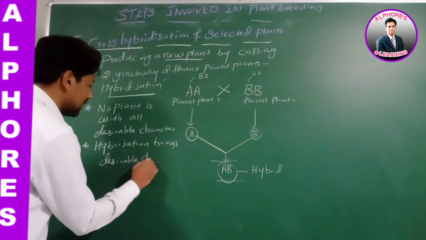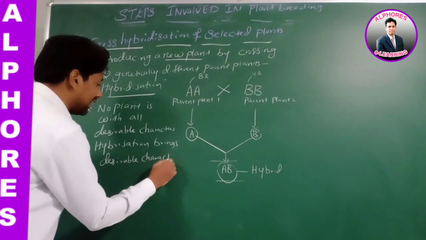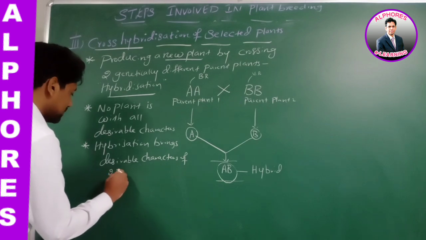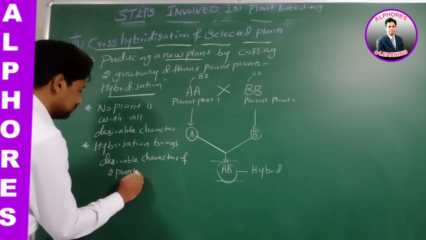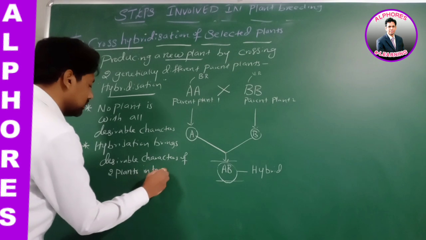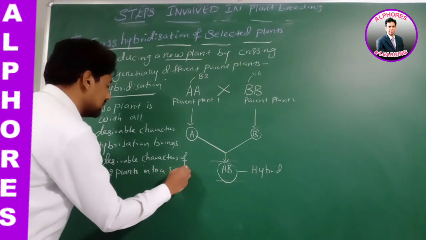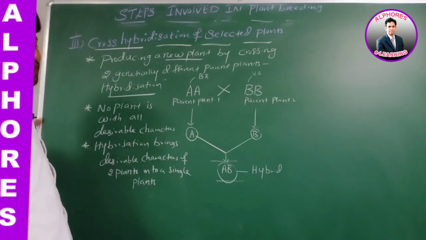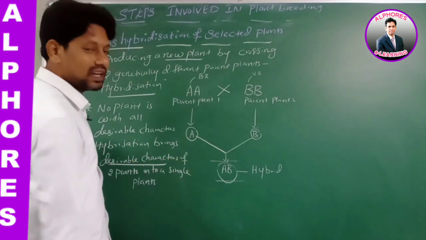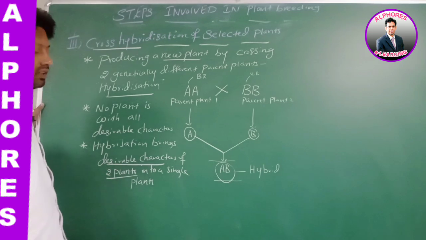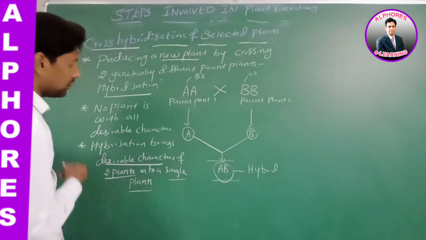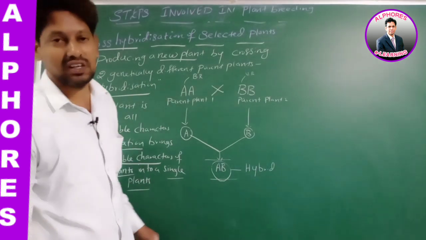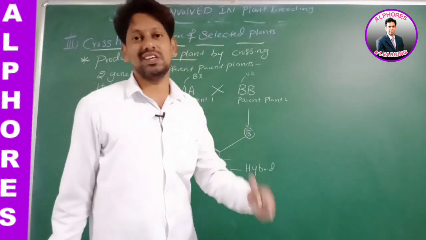Hybridization brings desirable characters of two plants into a single plant. Therefore, desirable characters which are present in two plants are brought into a single plant. By which process? Hybridization process.